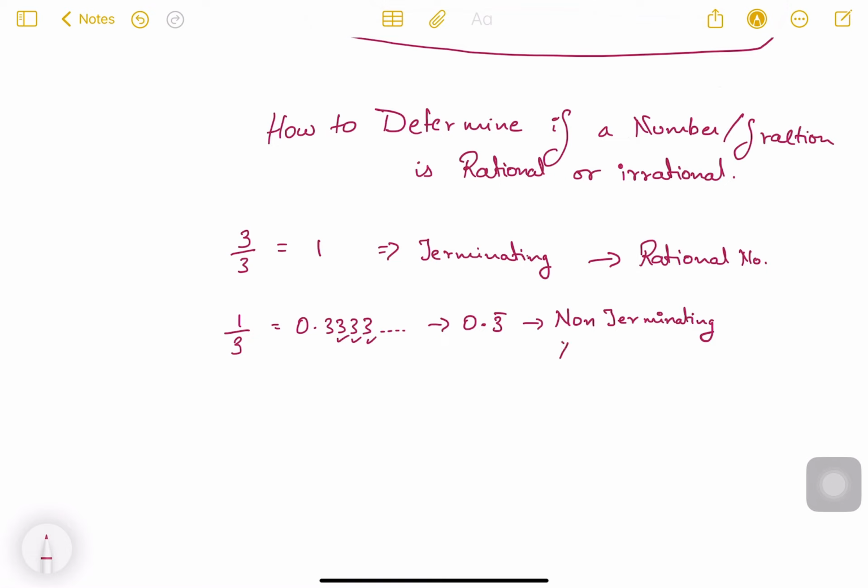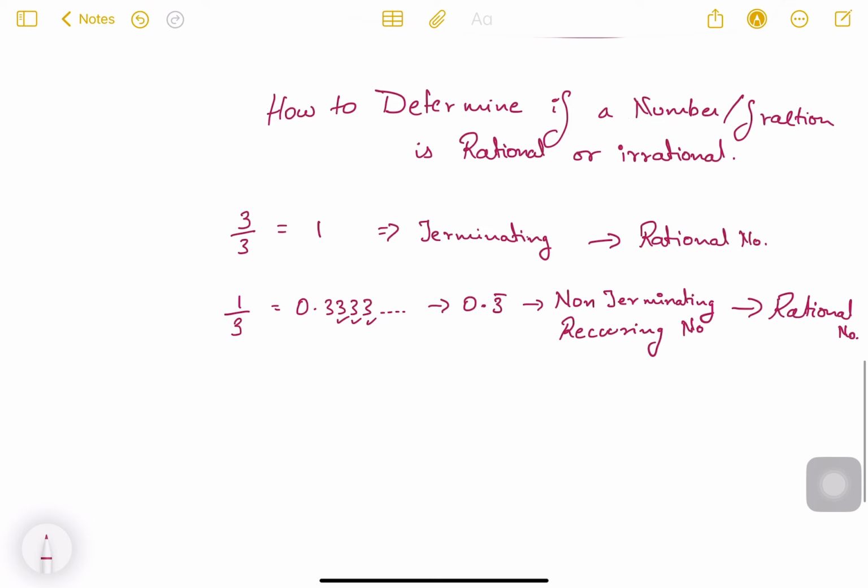So it is a non-terminating recurring number. That's why it is rational, because we can have some logic. Only 3 will repeat or only something is repeating continuously. So this is rational.